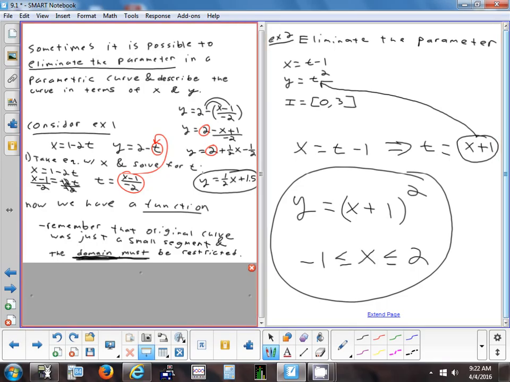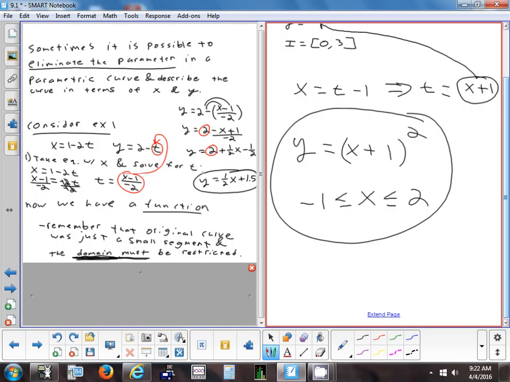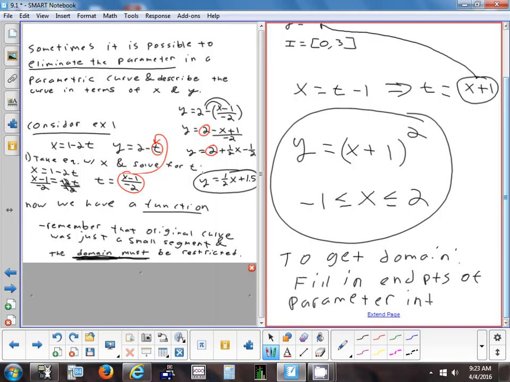Can you explain the final part again? This part? Okay, so to get your domain, let's just write it down. To get domain, fill in the endpoints of parameter into the equation for x.